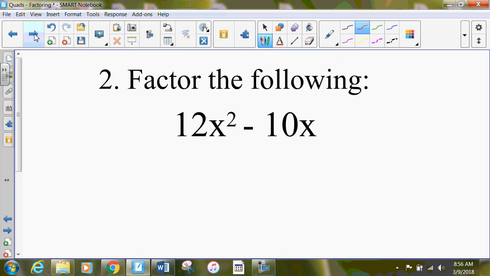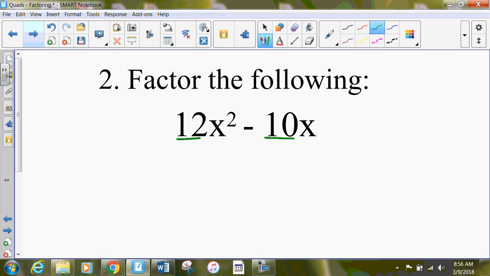All right, we're going to do the same thing with something that looks a little bit different. Now, not only do I have the x's in both terms, but I have a number as well. So let's go ahead and look first at the number 12 and 10. Can you think of the greatest common factor? So really that's a fancy way of saying the biggest number that goes into both 12 and 10.